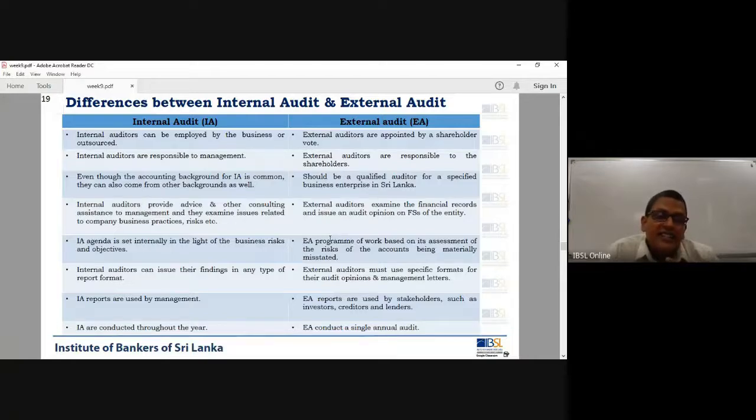Internal audit agenda is set internally in the light of business risk and objectives, but the external audit program of work is based on its assessment of the risk of the accounts being materially misstated. Internal auditors can issue their findings in any type of report format, but external auditors must use a specific format for their audit opinion and management letters.